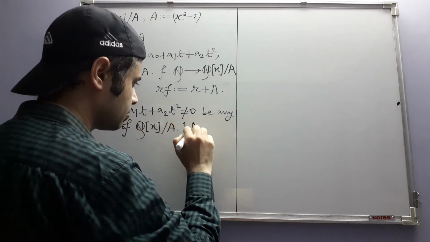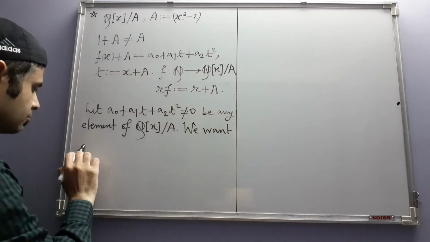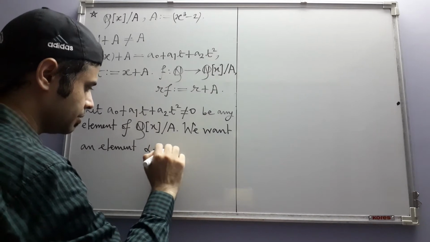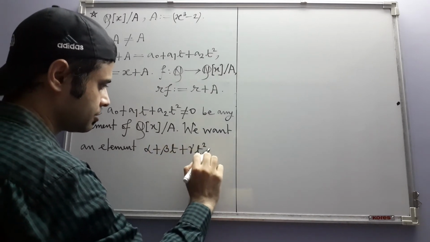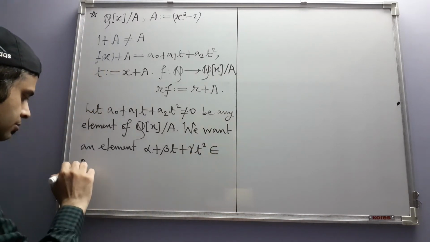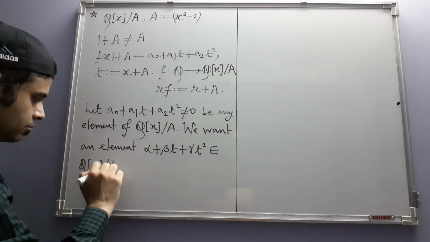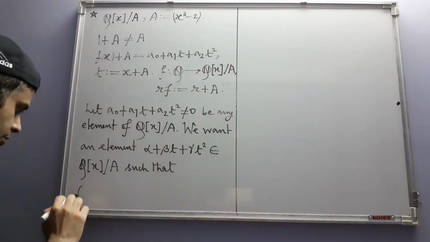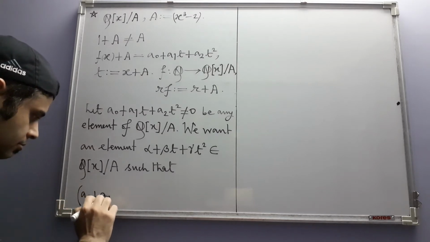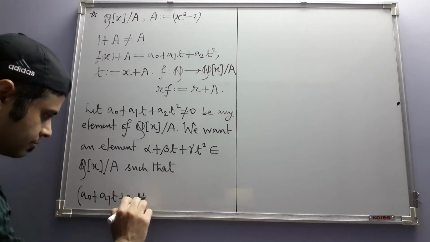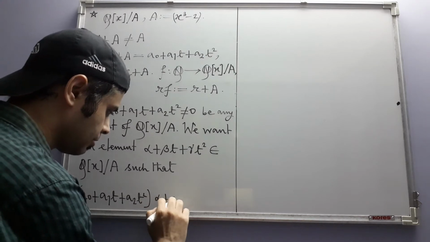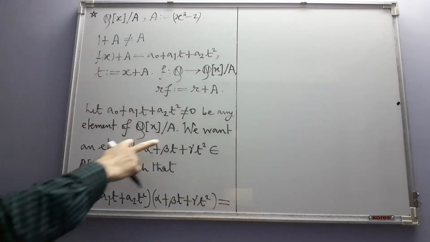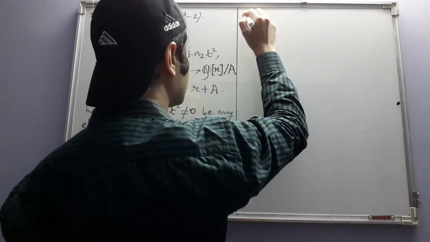So we want an element, say alpha plus beta t plus gamma t square, again in this ring, such that the product of these two elements and alpha plus beta t plus gamma t square is equal to the unit element in this, which is 1 plus a.